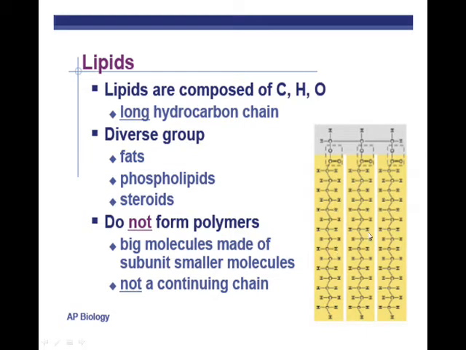We have 3 that are similar. These are what we call fatty acids, long hydrocarbon chains, and they're attached to a smaller little molecule called a glycerol molecule. Notice though that it's not one long continuous chain, and there are actually 2 different kinds of pieces that go together to make a fat.